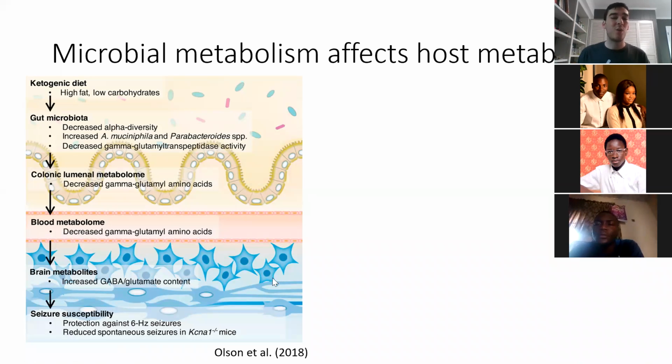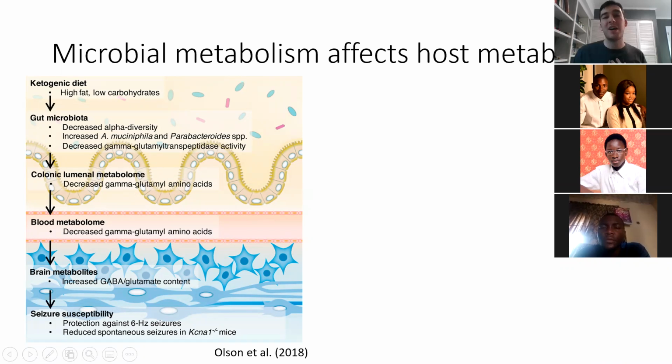So, you don't need to know what all of these chemicals are, but what's important to understand is that in humans or other animals, what compounds our microbes are producing is going to affect what the rest of our body is doing as well. So diet modulates microbial metabolism, which can modulate human host metabolism.